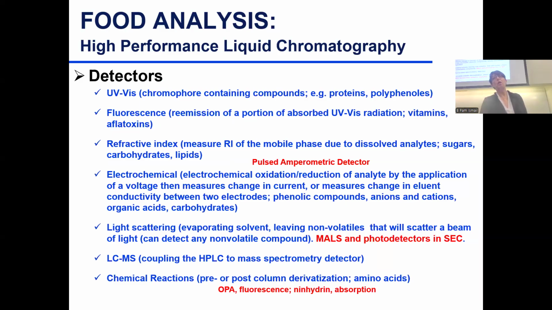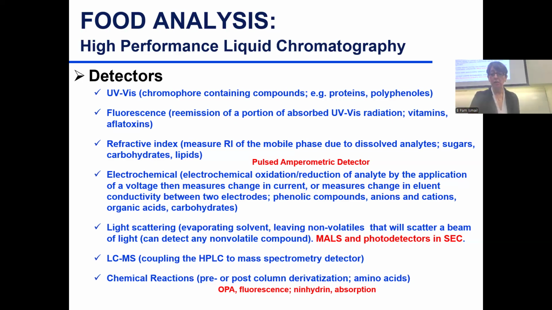So the most common detectors in HPLC are based on absorption of light. We have a very common one, cheaper than others, which is the one that you fix at a constant lambda or wavelength.